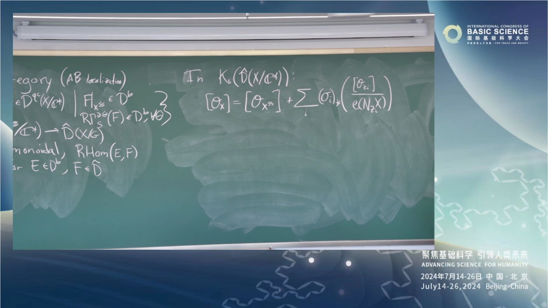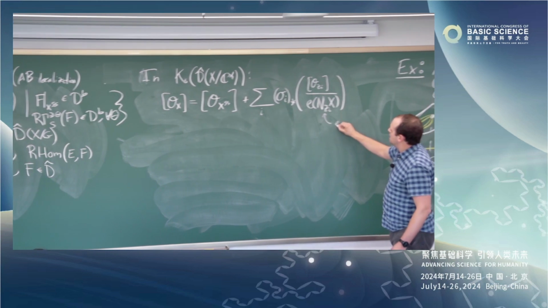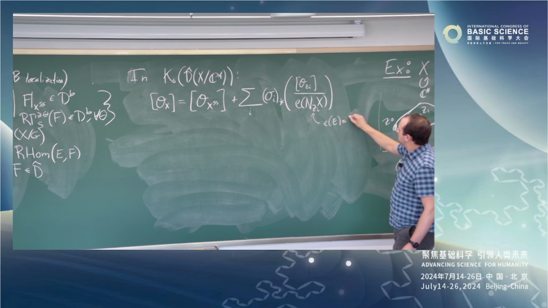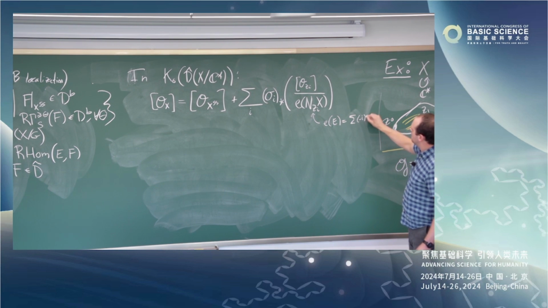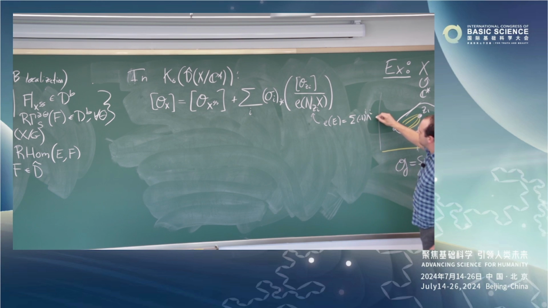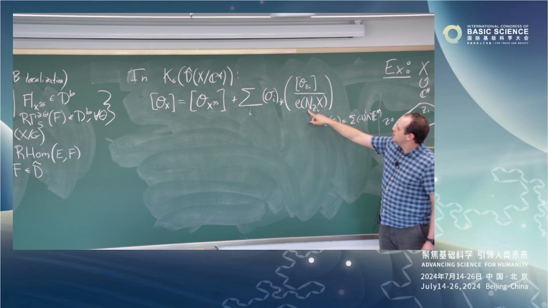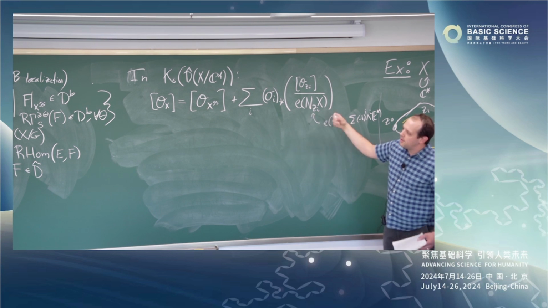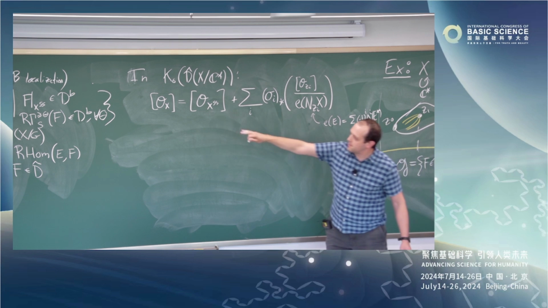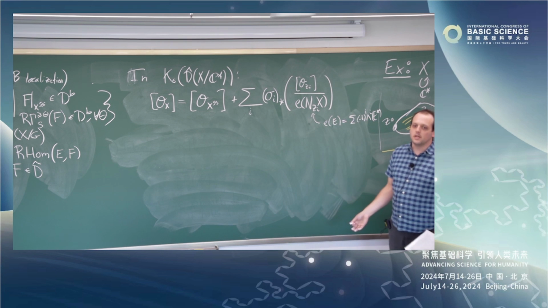So part of the claim here is that if you do this procedure, for instance, the lambda of a vector bundle E is like the alternating wedge powers of E star, something like that. If you look at this object as a K-theory class on the fixed locus and you do this kind of completion operation, it's actually a unit.